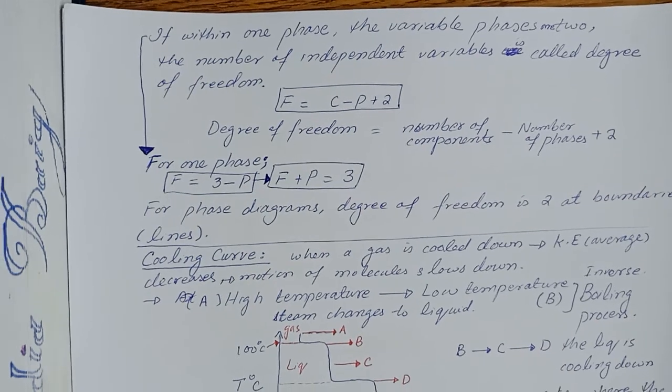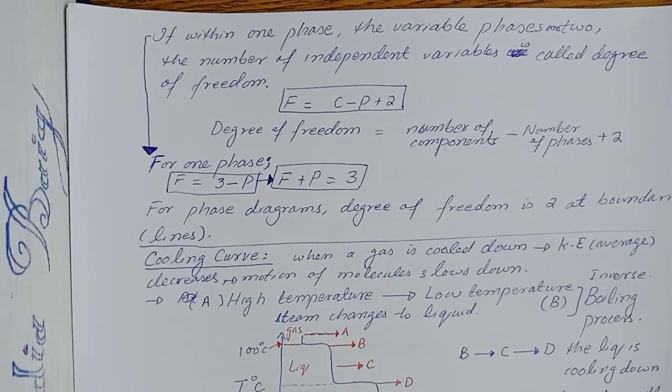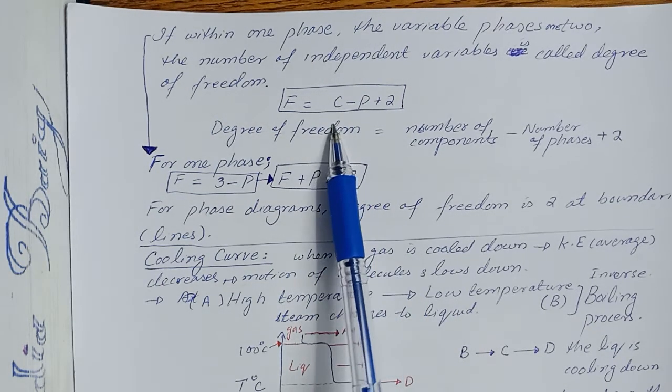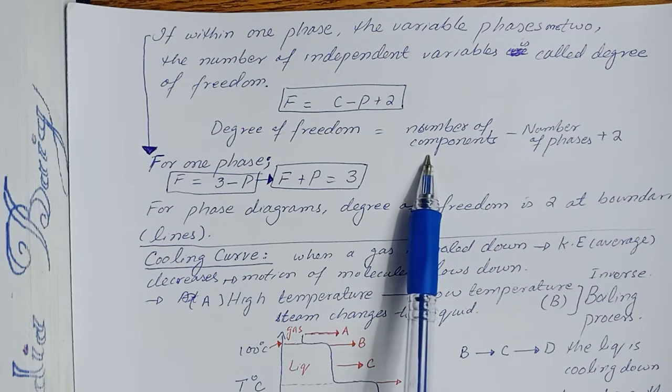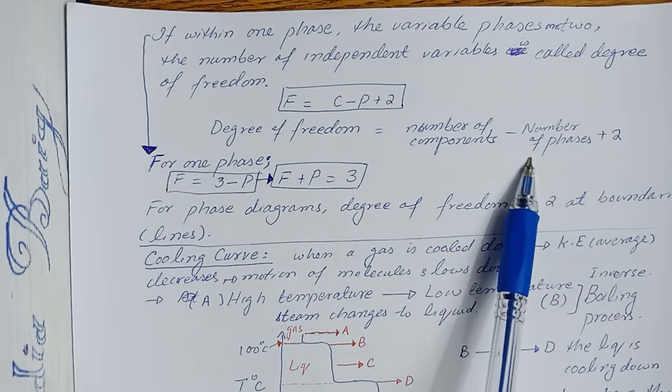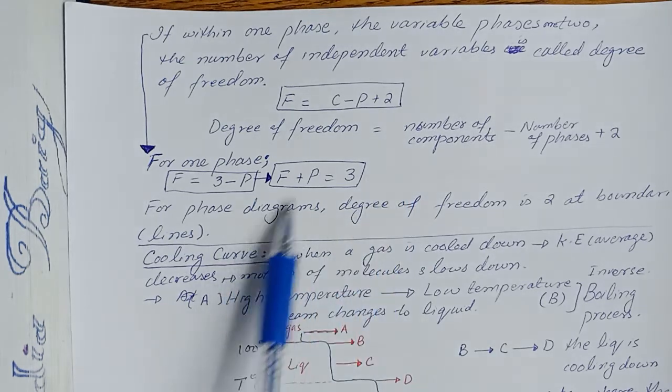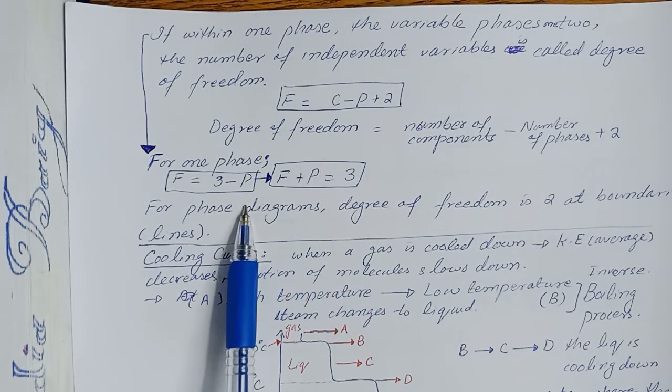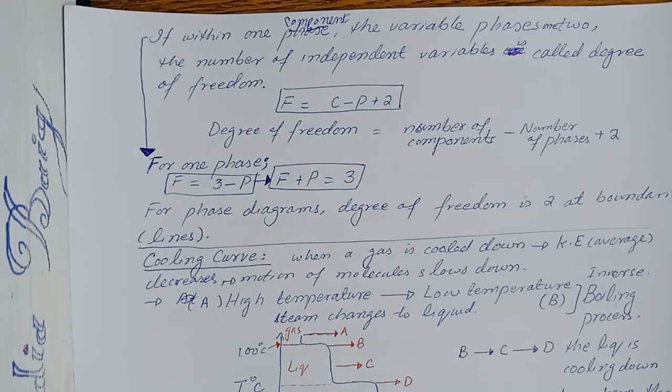So let's discuss the degree of freedom, that is the number of independent variables, which is given by the formula shown here. Here C is the number of components and P is the number of phases. So let's check for one component where the number of phases is 2.